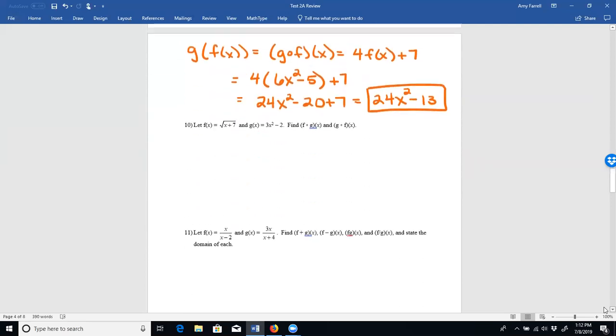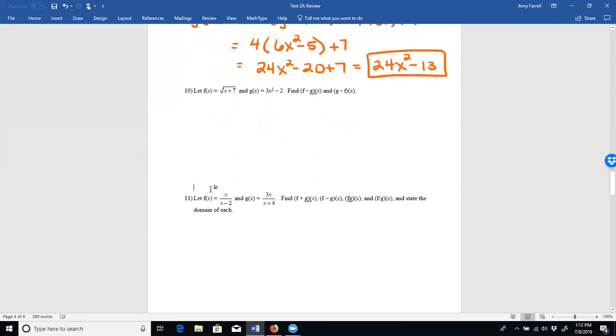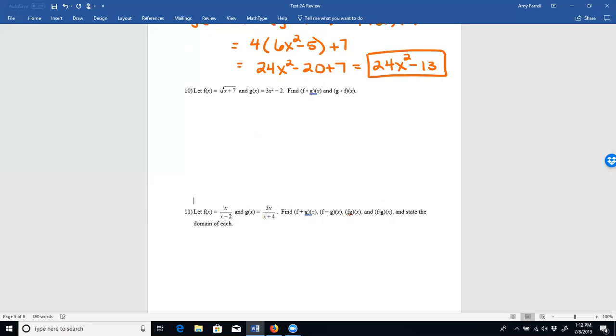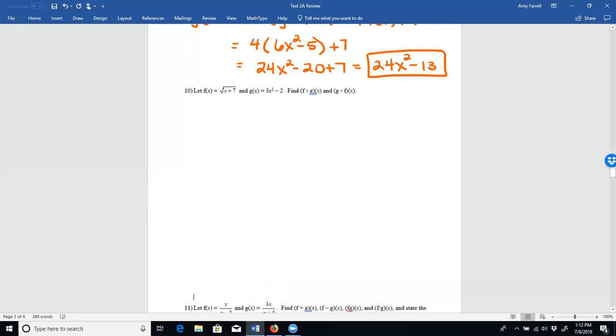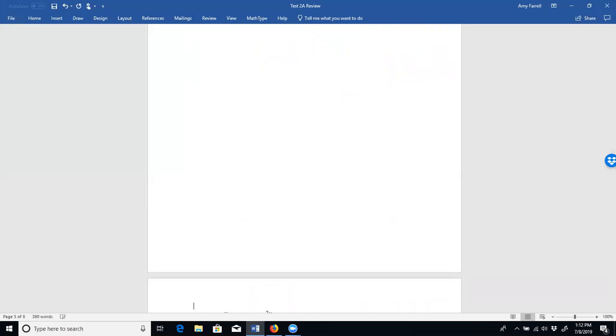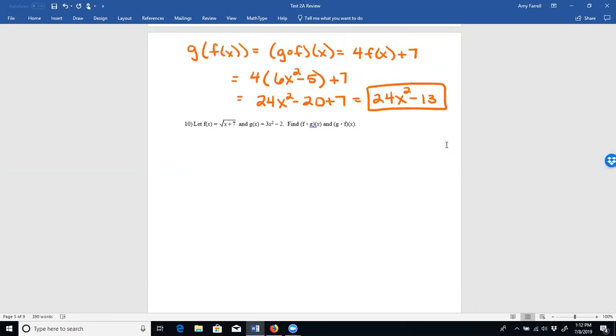Okay, number 10, we are asked to find a couple more composite functions here. Okay, so this time we've got the other notation. So f circle g of x is f of g of x, meaning we're going to plug g into f.